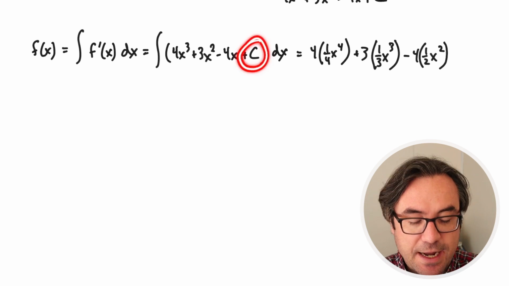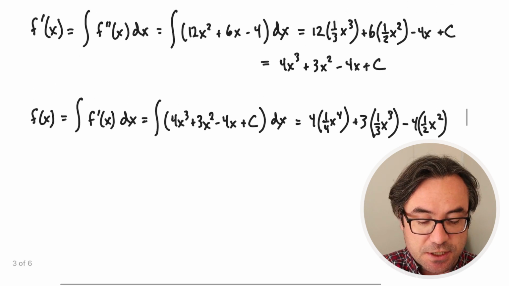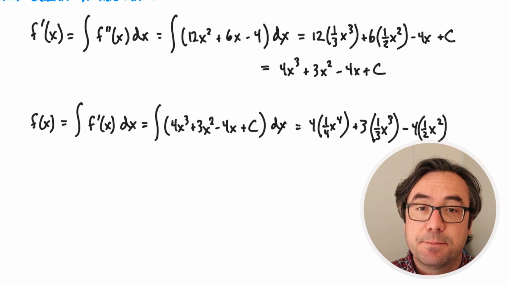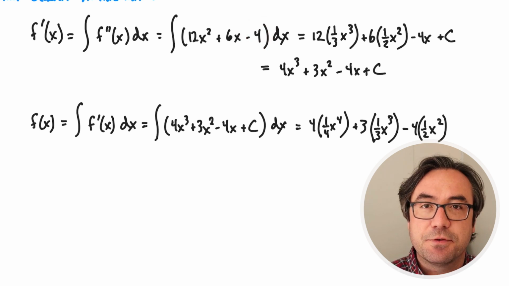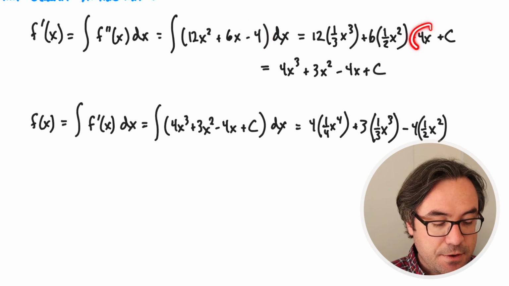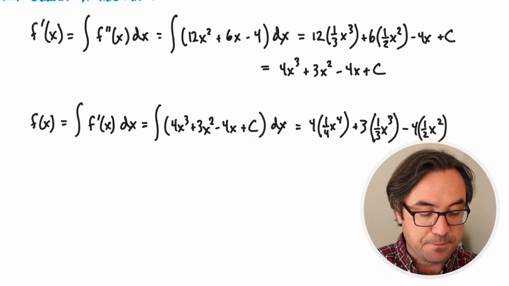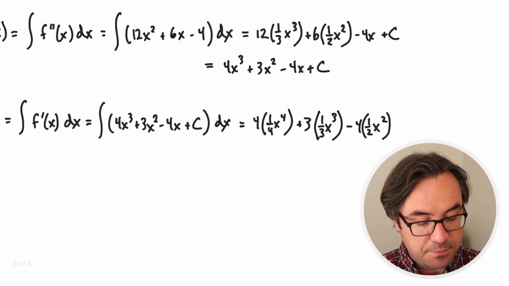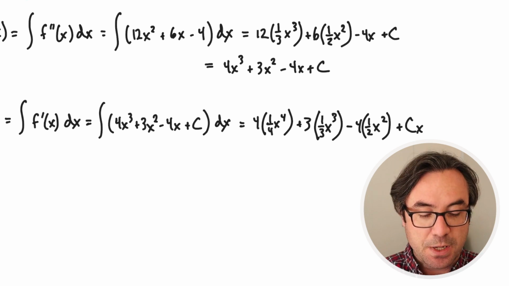So when we integrate a constant that's all by itself, we just multiply by x, just like we did with this minus 4 in the previous step. We had this constant all by itself, and when we found the antiderivative, we just took the constant and multiplied it by x. So we're going to do the same thing here and end up with plus c times x.